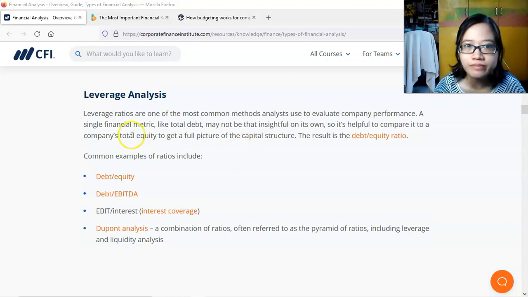Okay? So moving on, leverage ratios are one of the most common methods analysts use to evaluate company performance. Again, in a way, profitability and efficiency of operations, normally, yung pina-point out dito sa performance. A single financial metric like total debt, may not be that insightful on its own, yes.